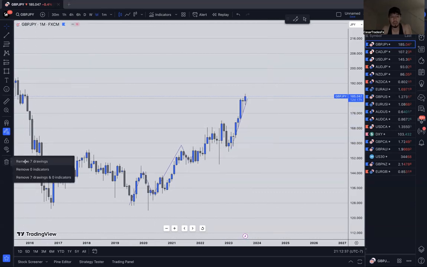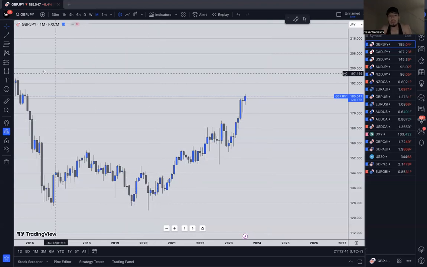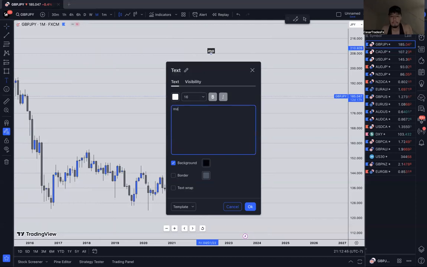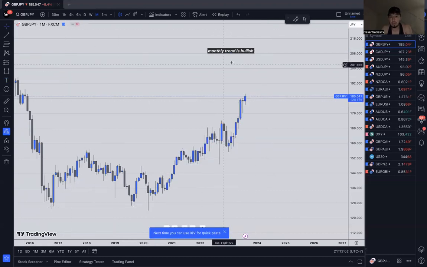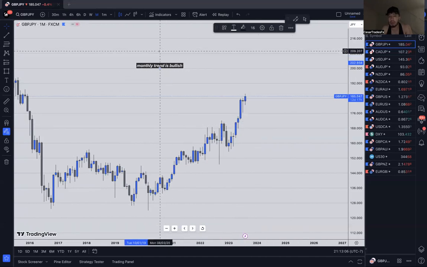So once I know what the monthly trend is, in this case, our monthly time frame is actually bullish. So I start getting an idea.